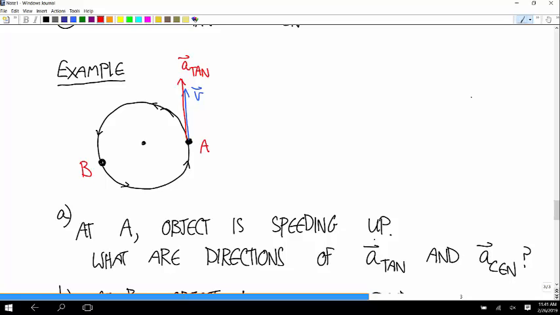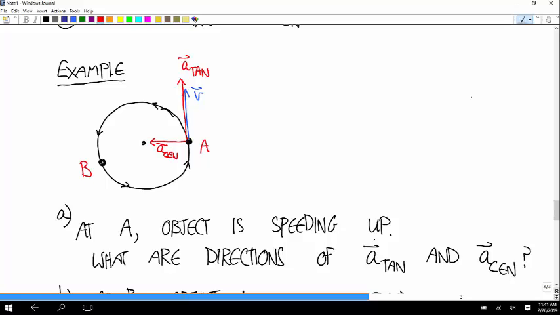Centripetal acceleration is towards the center of the circle. And if we didn't know anything about the magnitudes of those two vectors, we know just from the way we think about this in lab that the total acceleration is somewhere in between those two directions.